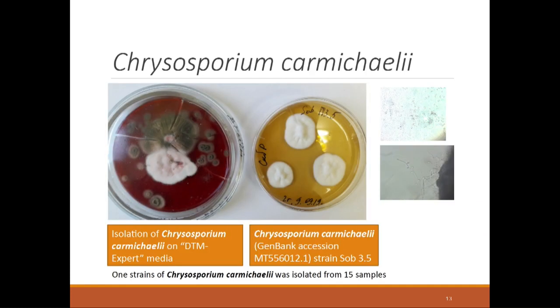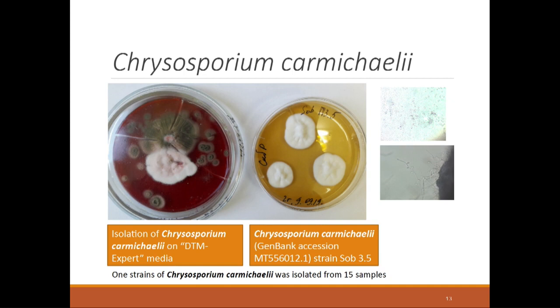Next, please. So here we can see that one more Onygenalean species isolated from sables was Chrysosporium carmichaeli, which was the most prevalent Onygenalean species in the NGS study. And it was isolated only from one sample on DTM selective media.